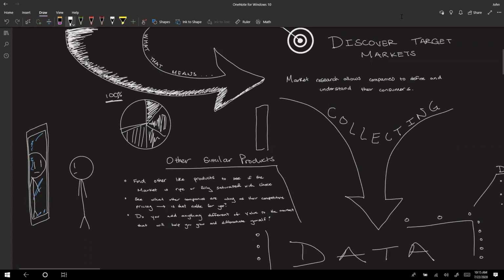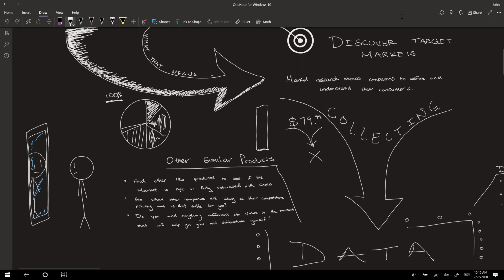prices are not pure profit, right? So when a company says they're going to sell a pair of shoes for $79 or $79.99, are they gaining $79.99? No, they're not.